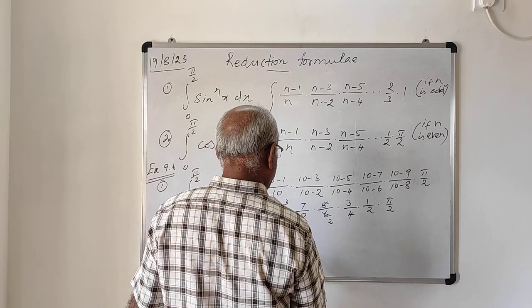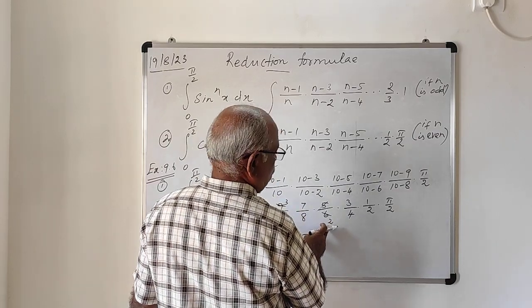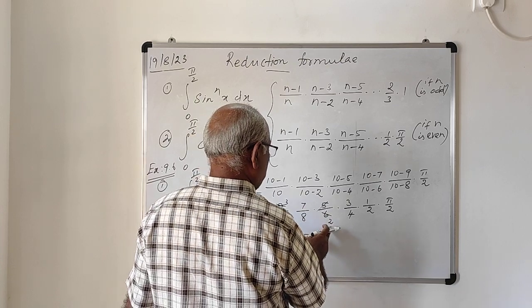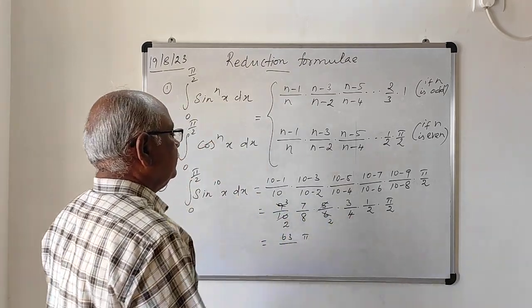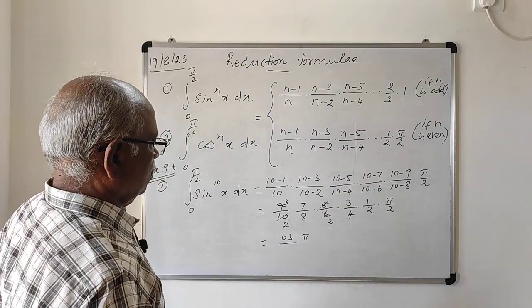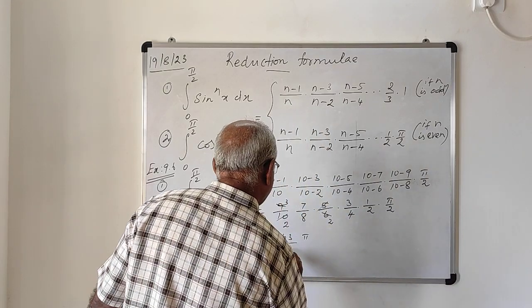In the denominator, 8 twos are 16, 16 twos are 32, 32 fours are 128, and 512.